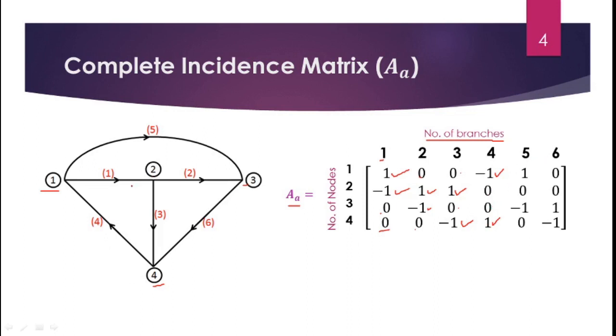Branch 5 is outgoing for node 1, so +1, incoming for node 3, so -1, and the remaining are 0, 0. And the last one, branch 6: outgoing for node 3, +1, and incoming for node 4, so that is -1.